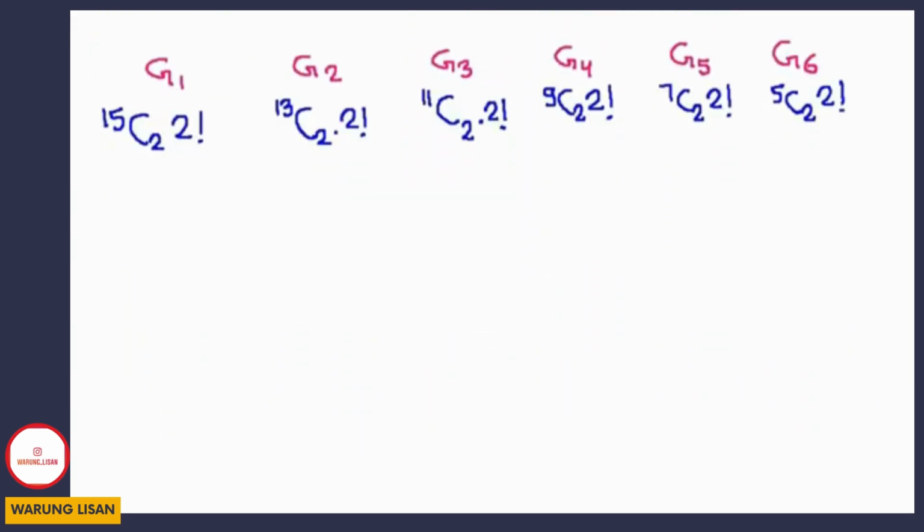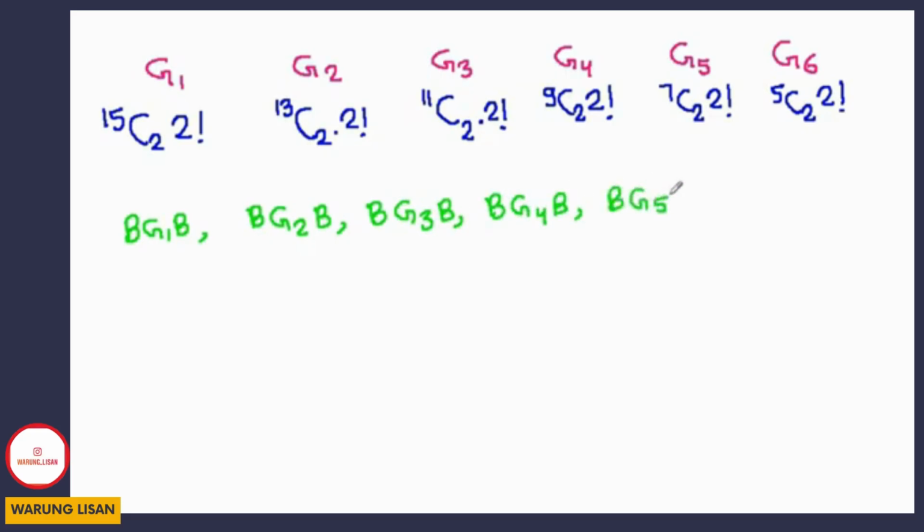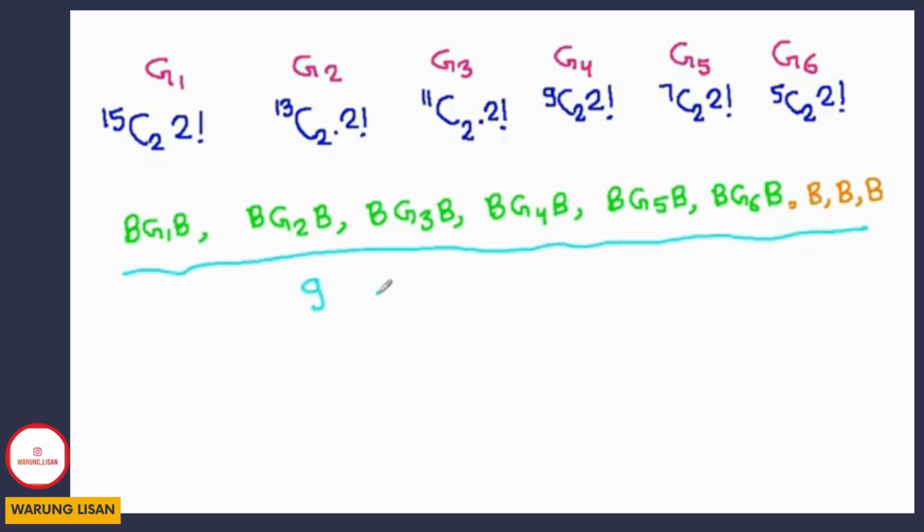And now we have formed the 6 groups: B G1 b, B G2 b, B G3 b, B G4 b, B G5 b and B G6 b. And we have also 3 extra boys, B, B, B. So we have total 9 objects.